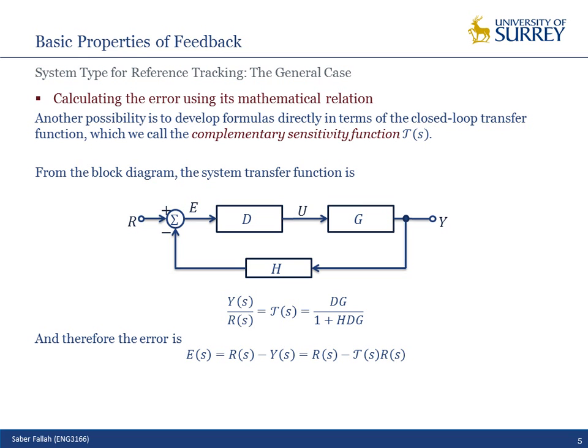If I factor out R(s), I will have E(s) equal to 1 minus T(s) times R(s). 1 minus T(s) is the sensitivity transfer function. That's why we call T(s) the complementary sensitivity transfer function, because 1 minus T(s) will be equal to S. Okay? Any question?